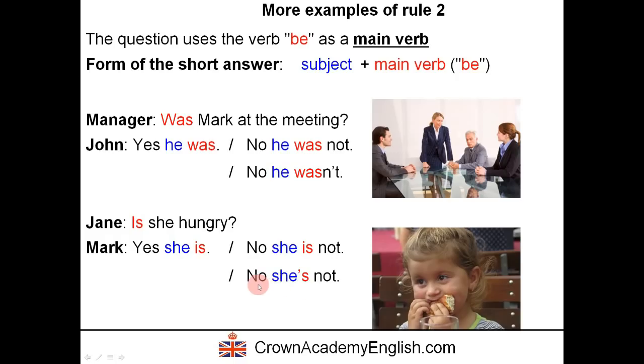Or, in the contracted form, no, she's not. Or, we have another contracted form, no, she isn't. So all of these three mean the same thing. These are the short answers when we want to say no. And this is the short answer when we want to say yes. Okay?